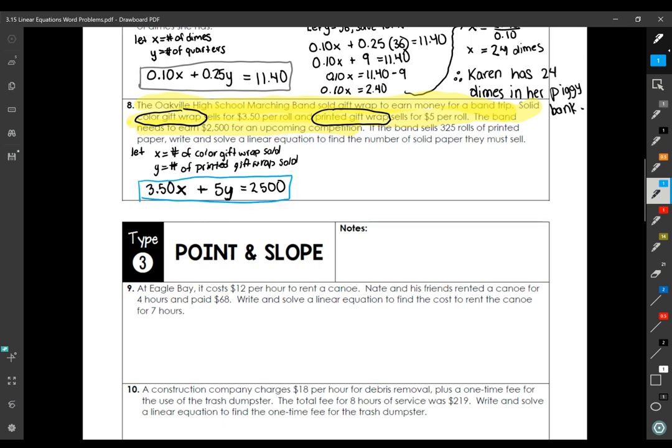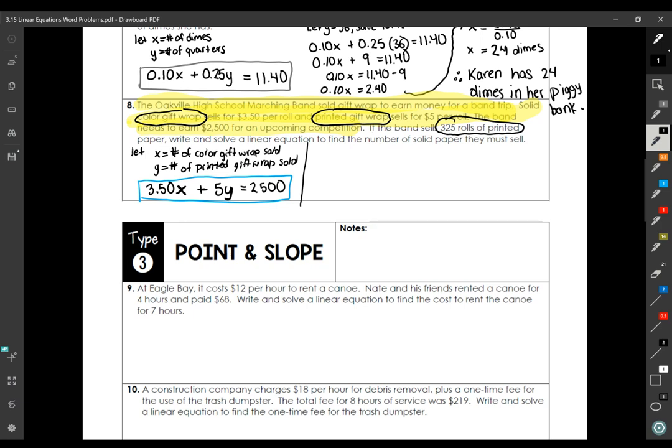Now, let's move on to the second part. If the band sells 325 rolls of the printed paper, write and solve a linear equation to find the number of solid paper they must sell. Okay, so again, are they giving us x or are they giving us y? Well, I said the printed was y.